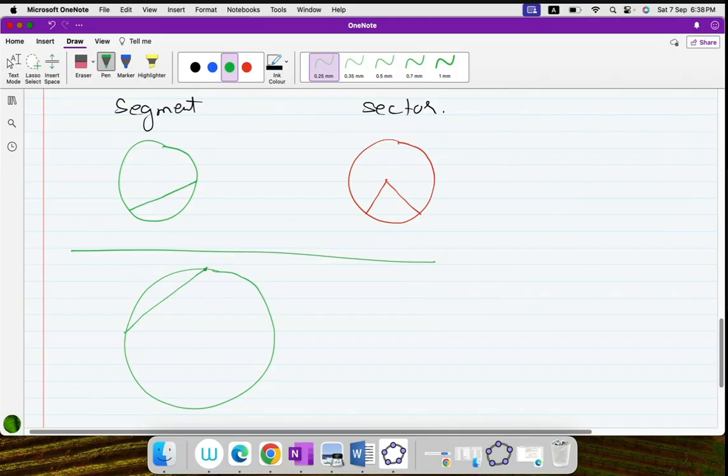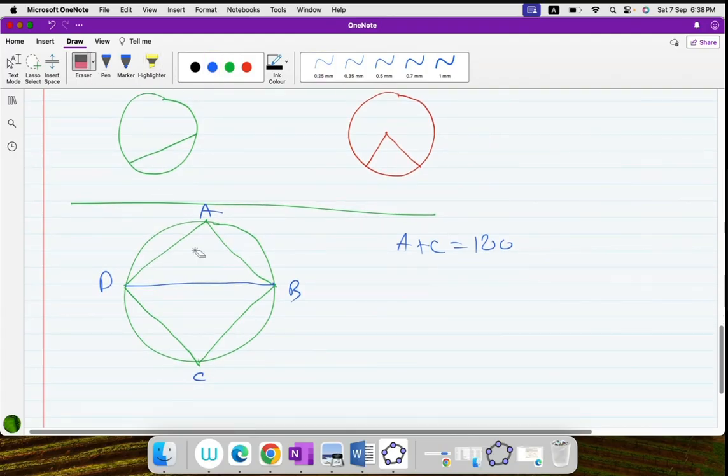If that's a quadrilateral, A, B, C, D, if I draw this line, I would say A plus C is 180. And if I do not draw this, does that change anything? No. And if I draw this line, B and D are in opposite segments, so they equal to 180.